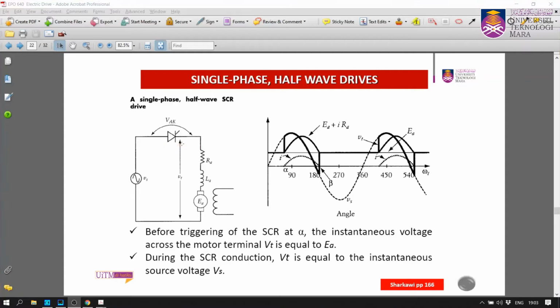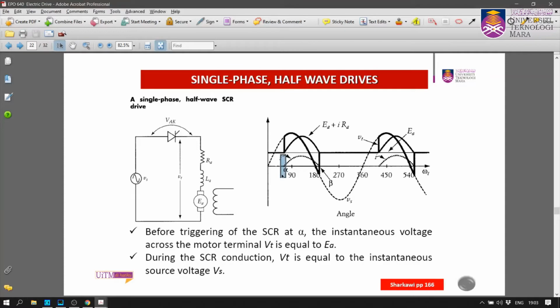That forward bias only happens when you have alpha greater than that point. So before you trigger alpha, what happens to the thyristor? It is turned off, isn't it? This is open circuit, so there is no current flow.